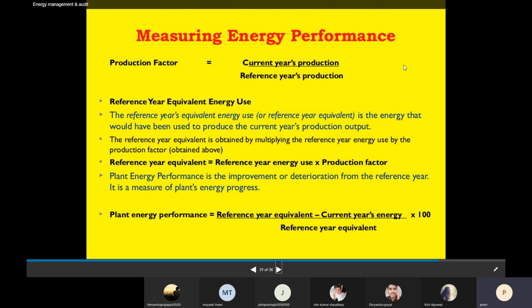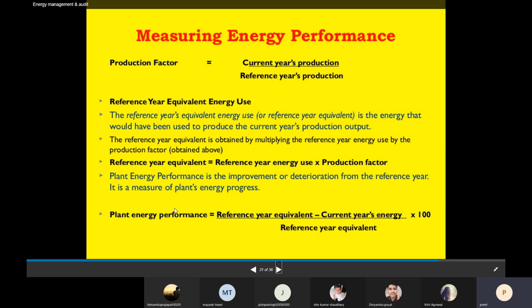Okay, so measuring energy performance, you can measure the energy performance with some factors. For example, the production factor, for which the formula is current year production upon reference year production. Reference year equivalent energy use is the energy that would have been used to produce the current year production output.